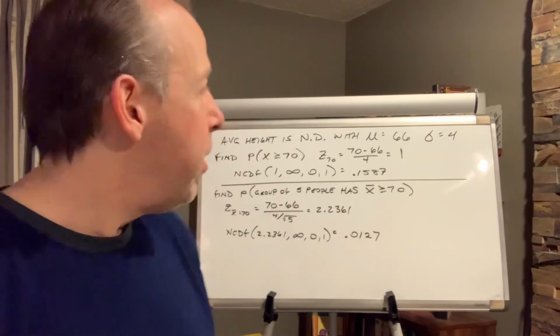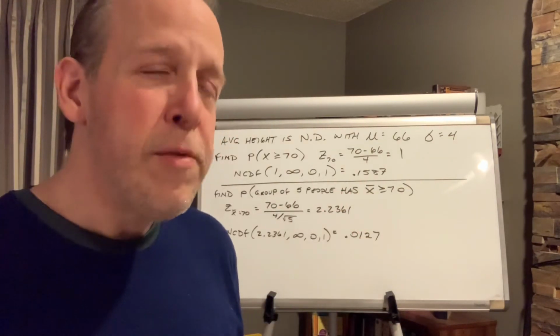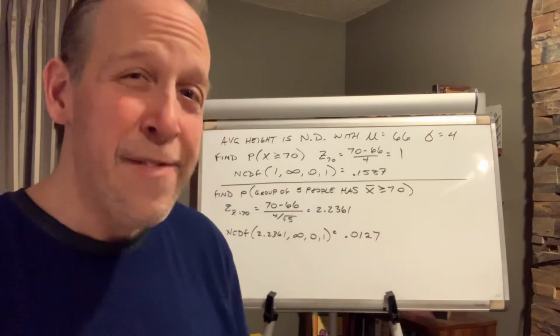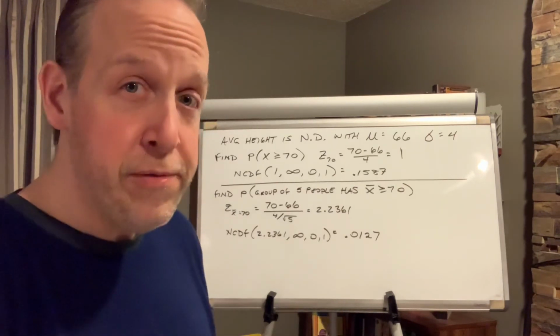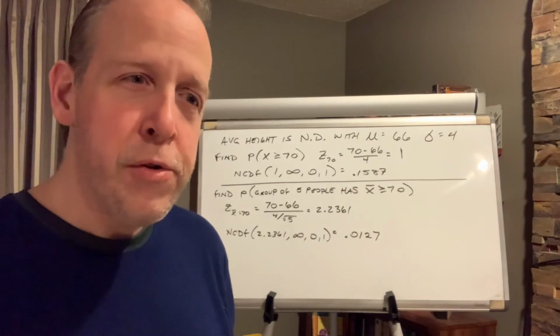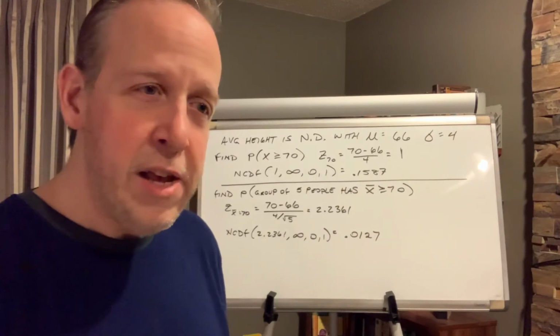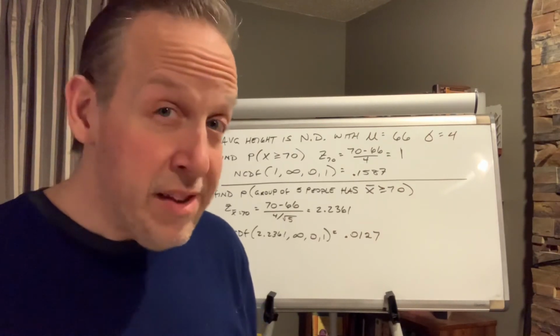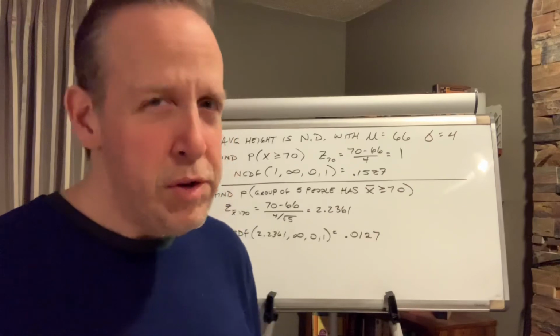But there's only a 1.27% chance of finding a group of 5 individuals who, as an average, deviate from the norm by at least 4 inches. It's much less likely to find a large group who deviates as widely as an individual. Make sense? I hope. It should.